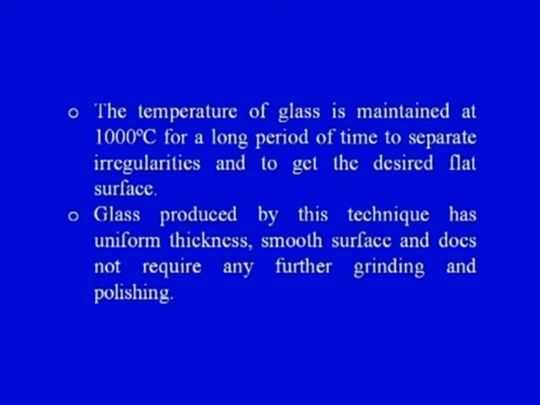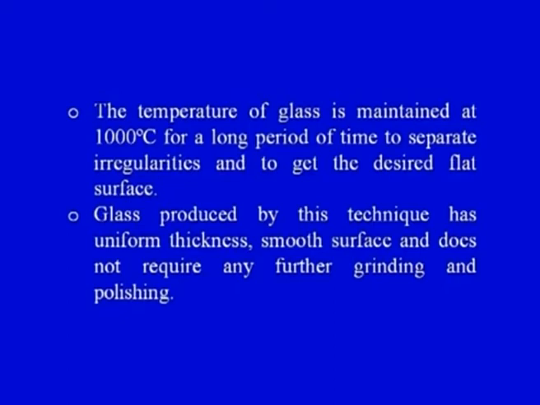So basically our objective is to make a flat glass, and for that we have to maintain a temperature of 1000 degrees centigrade for a fairly long period of time, and sometimes we want to remove the irregularities and the impurities from the glass, and therefore an elevated temperature is maintained for a long period.